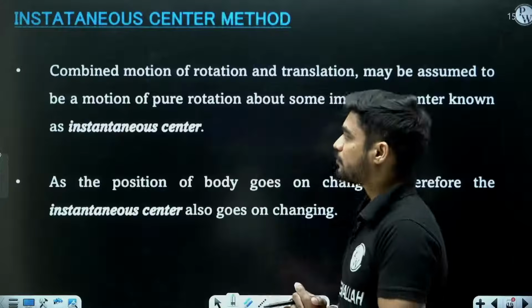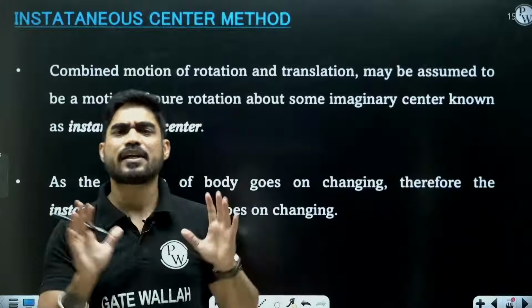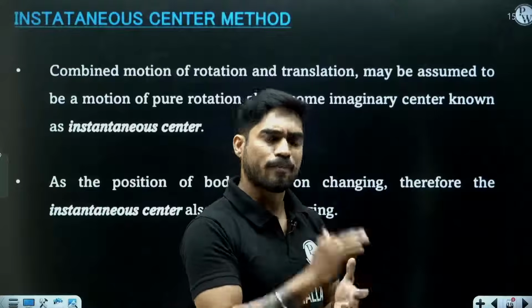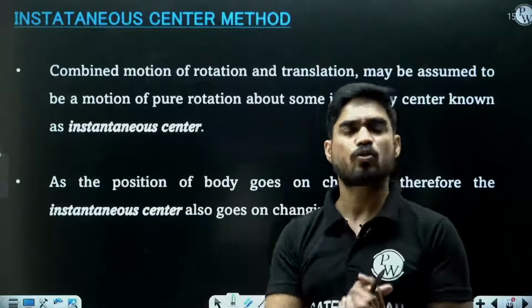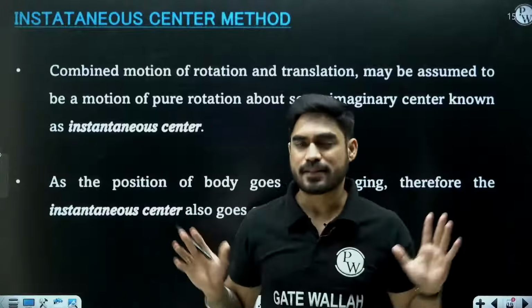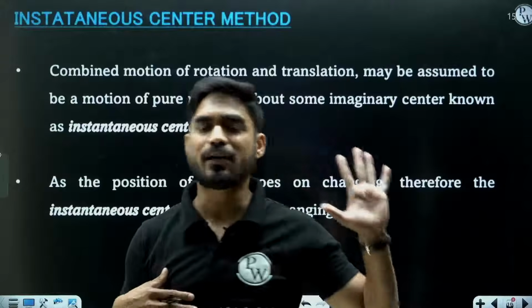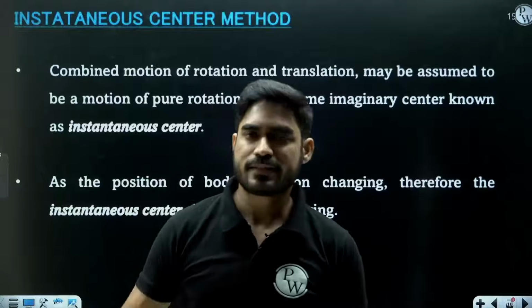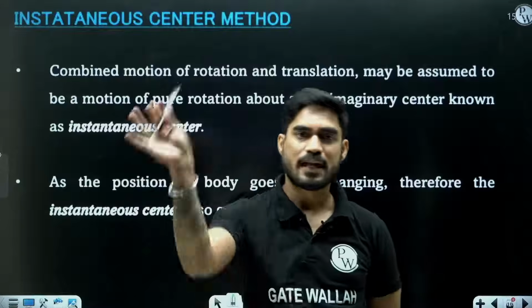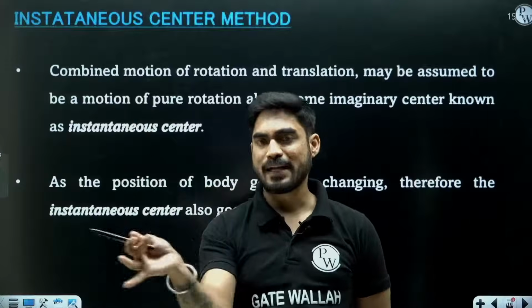Now, let's say a body is in general motion, meaning a combination of translation and rotation. At any particular instant, if I want to calculate the velocity of a particle on the body, let's say this body is moving like this, but I want to calculate the velocity of this pen at a particular instant.